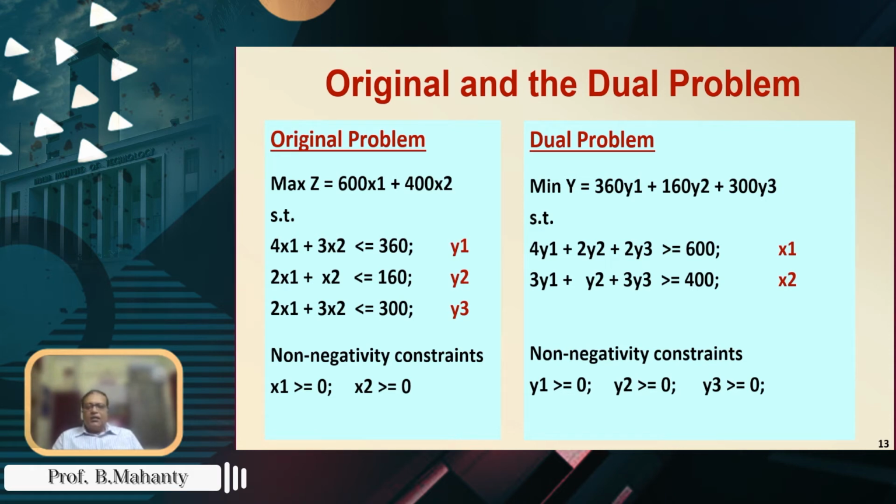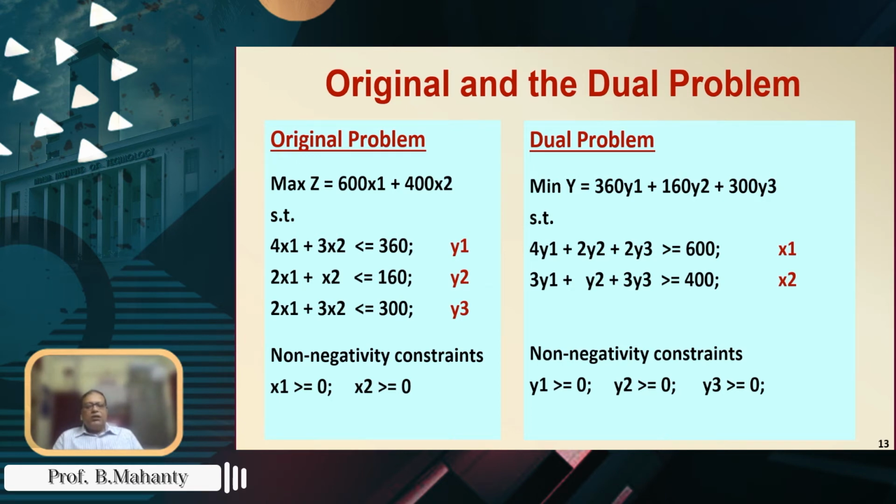Now let us see another very important concept, and that concept is that the dual of a dual is the primal. Suppose we take the dual of the dual problem again, then what do we get? Look here, here is our dual problem. So what should be the dual variables? Let us say they are x1 and x2. How do you take the dual?